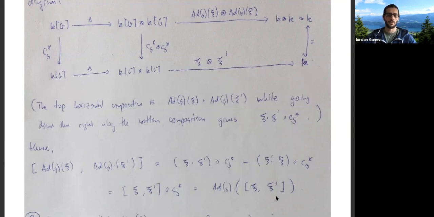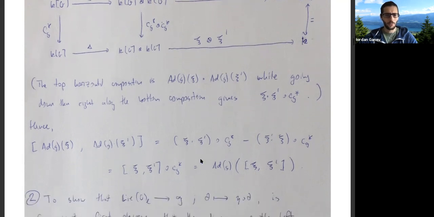So we get that this is the adjoint action of G applied to the bracket of these two elements. All right, that was kind of a mouthful, but it's just a lot of symbols. It's pretty straightforward once you convince yourself of this diagram commuting.